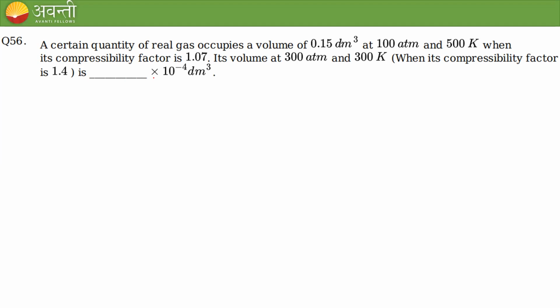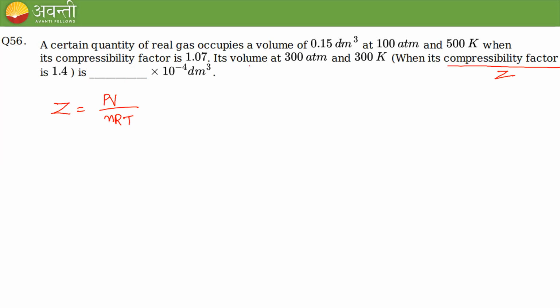Its volume at 300 atm and 300 Kelvin is dash into 10 to the power minus 4 decimeter cube, and the compressibility factor is given as 1.4. So what is compressibility factor? It is represented by the letter Z, right? So we know that Z, the compressibility factor, is equal to PV by nRT.